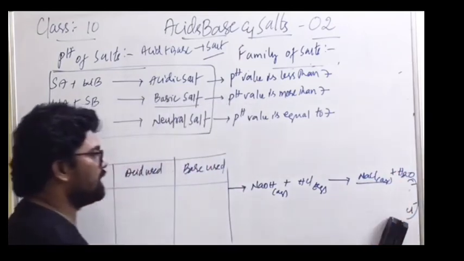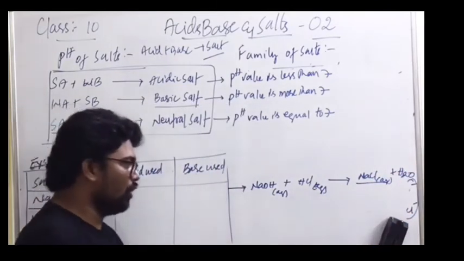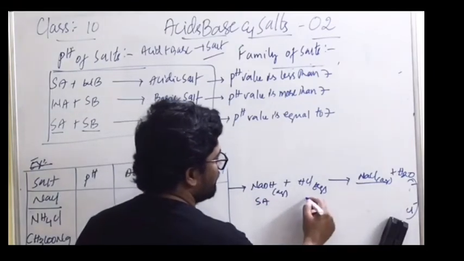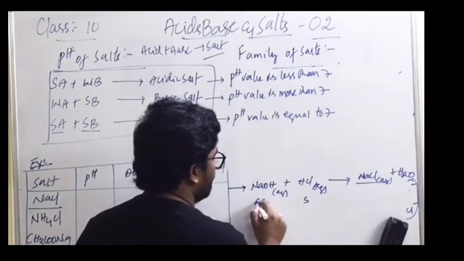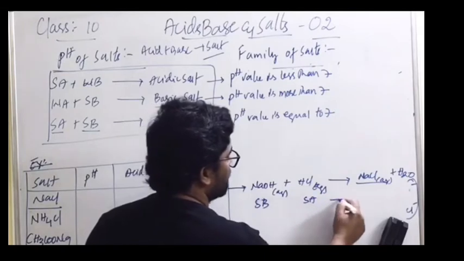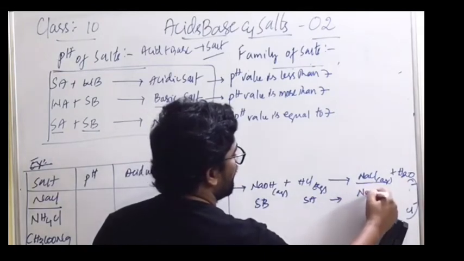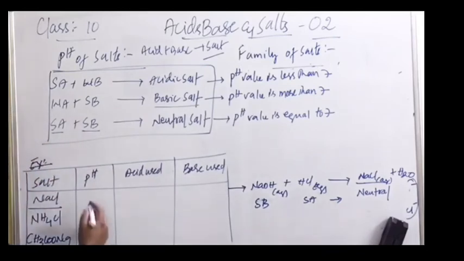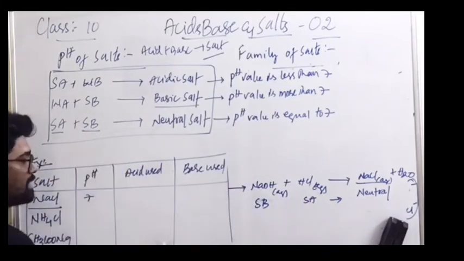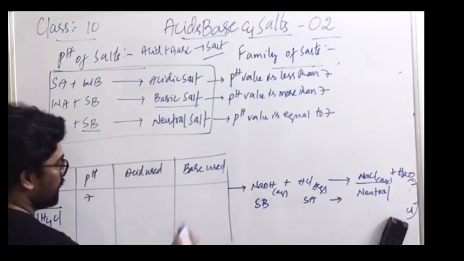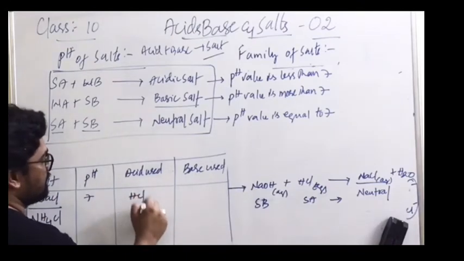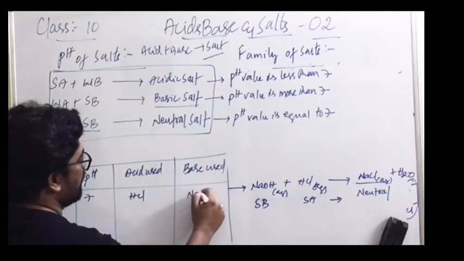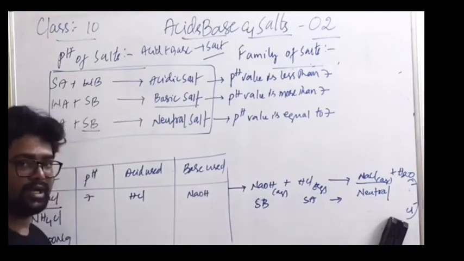This NaCl is formed by the combination of a strong acid and a strong base. Then I call sodium chloride a neutral salt. What is the pH value? It is equal to 7. What is the acid that is used? HCl. What is the base that is used? NaOH. Is it clear, students?